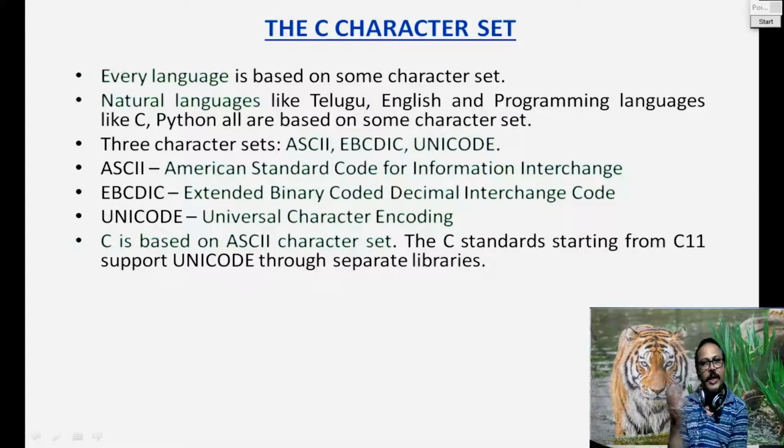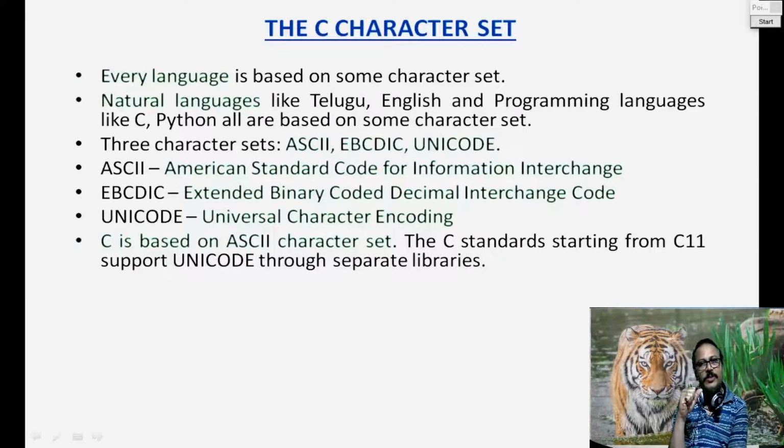We are saying characters, so we are in fact discussing at a level of abstraction. The computer will not recognize those characters. They should be represented in binary form, that is, ones and zeros.